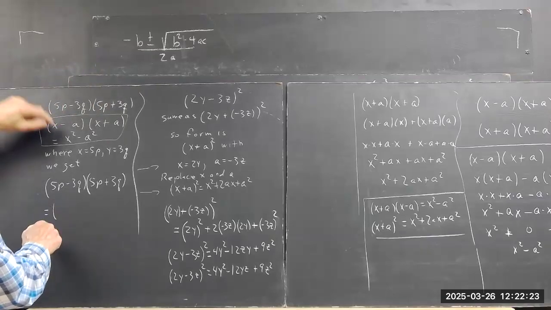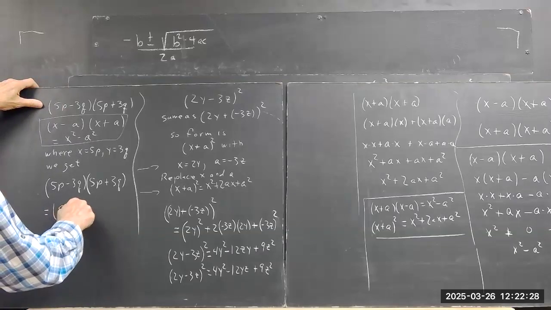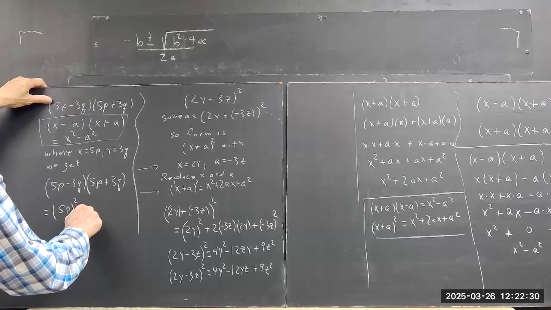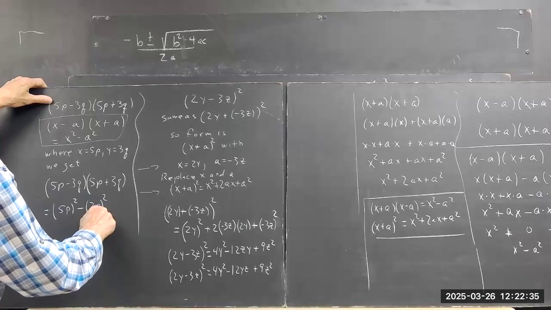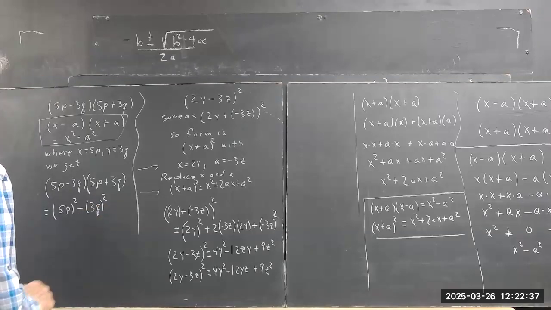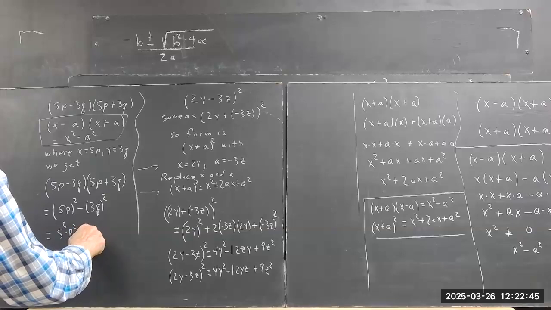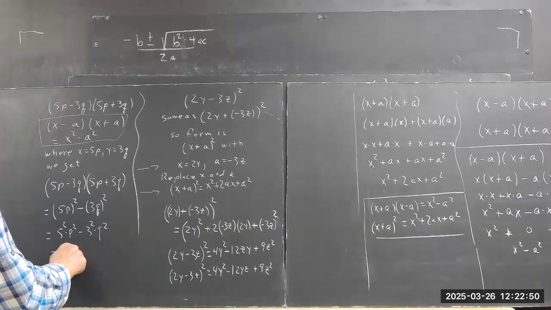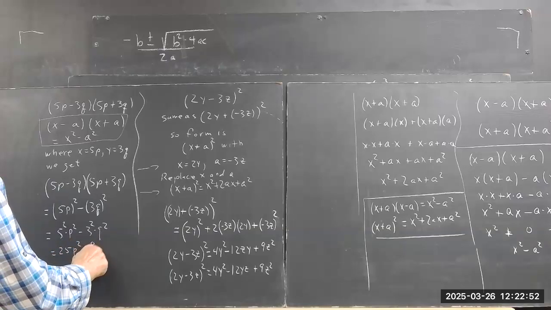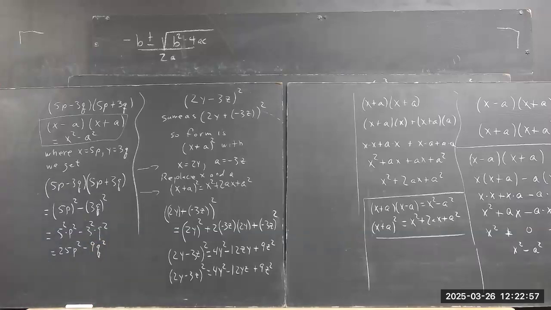This side is going to be x squared, x is 5p, so we have the quantity 5p squared minus a squared, the quantity 3q squared. Of course, then we can square this. That's 5 squared times p squared minus 3 squared times q squared, which is 25p squared minus 9q squared.